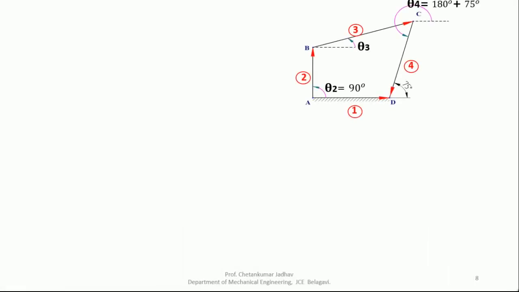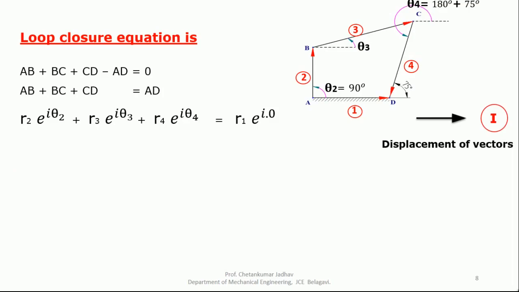First, we are going to write the loop closure equation for the given mechanism. From the figure, it is clear that vector AB, vector BC, and vector CD are moving in a similar direction, but vector AD is moving in the opposite direction with respect to the remaining vectors, so we can write AB plus BC plus CD minus AD is equal to 0, or AB plus BC plus CD is equal to AD.